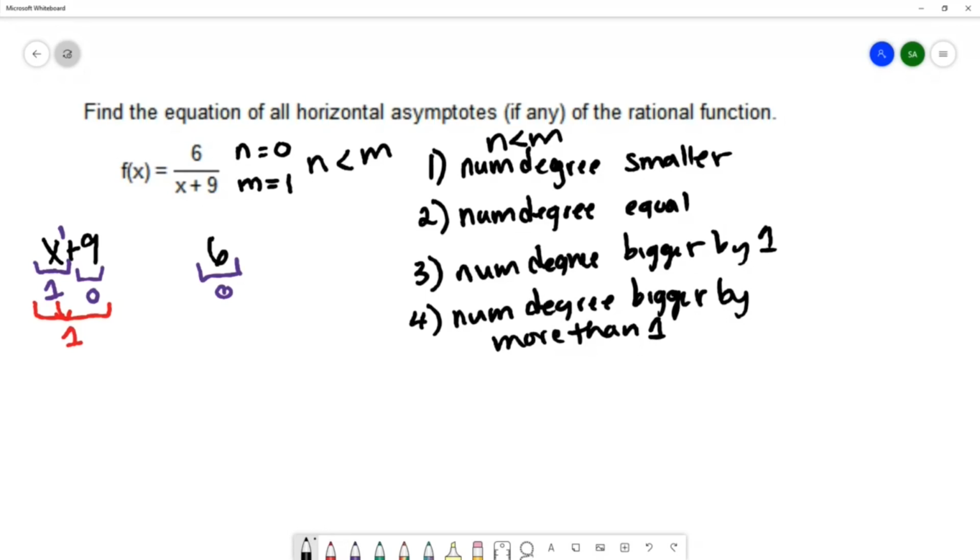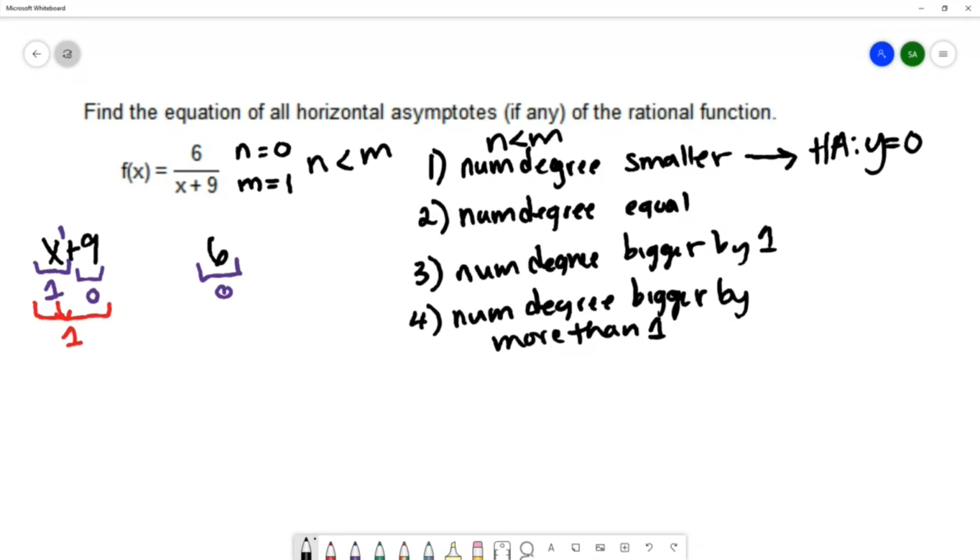So our function is in that first case, and what we do is we memorize that in that first case the horizontal asymptote will be y equals 0. Anytime the degree of the numerator is smaller than the degree of the denominator, the function has a horizontal asymptote of y equals 0.